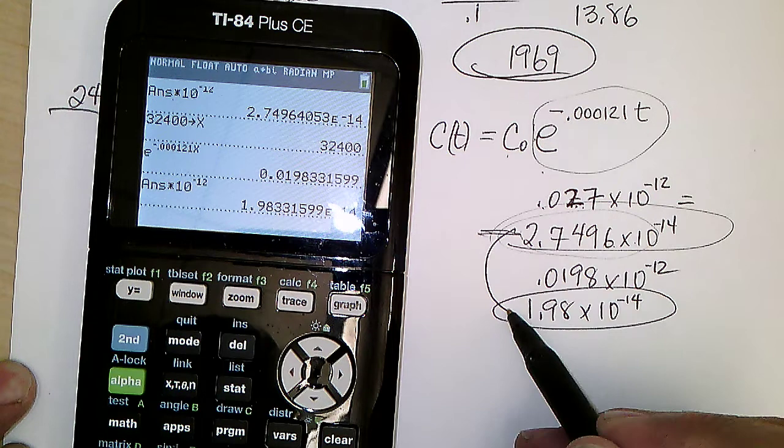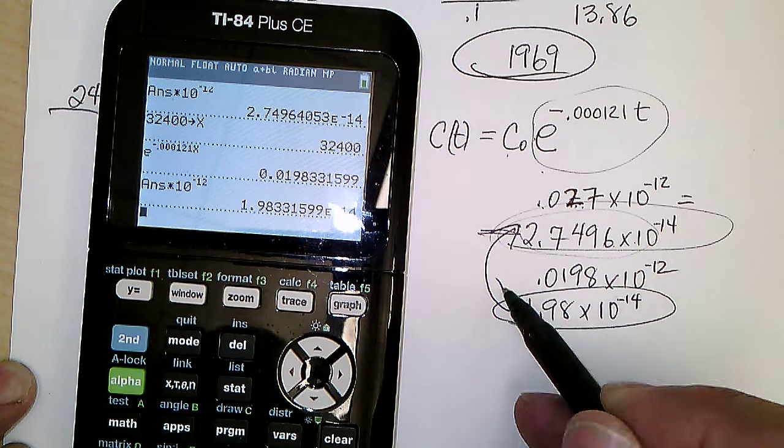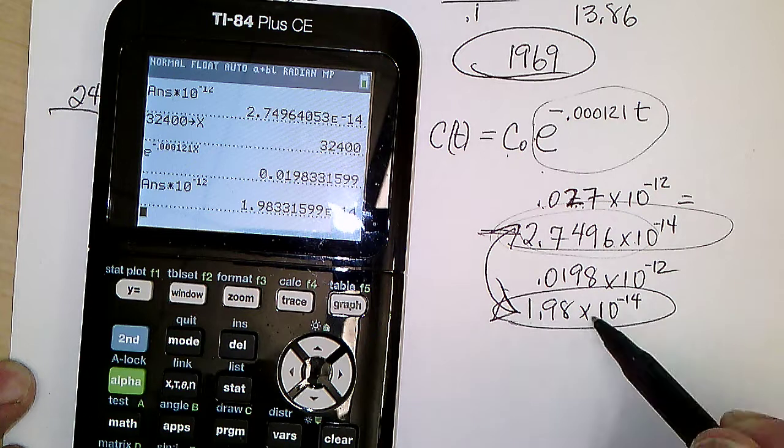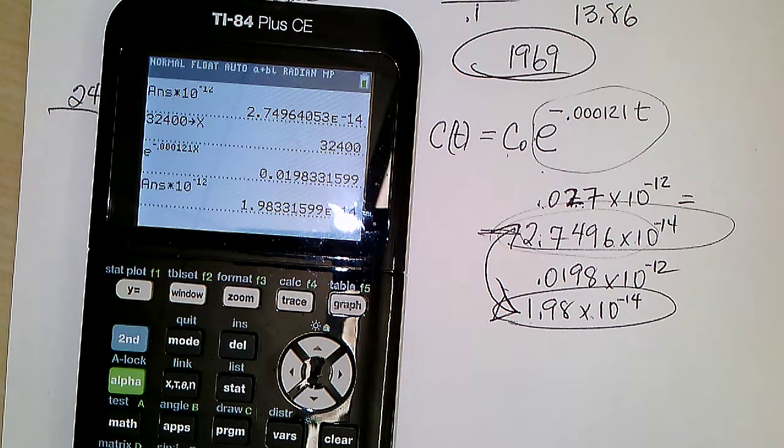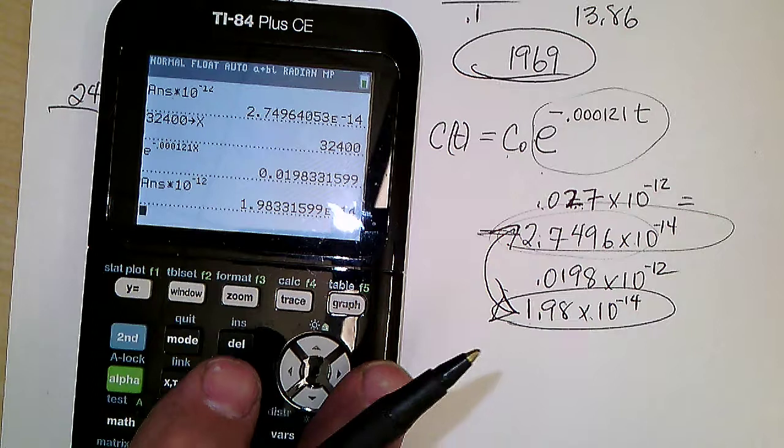So somewhere between here and here's the range of carbon-14 ratio to regular carbon in the material that they found in the paintings in the cave.